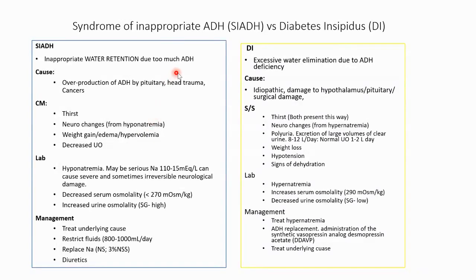They have too much antidiuretic, too much against diuretic, not diuretic. And so they get decreased urine output. So think of them as these big fluid-filled people with no water coming out.